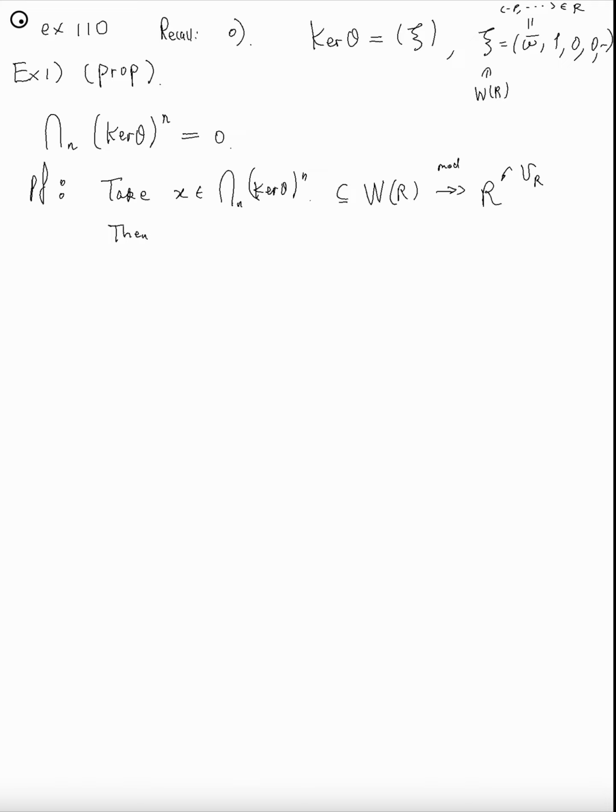This is mod p, so the valuation v_R of x bar is bigger or equal than v_R of x bar to the power n, for any n.